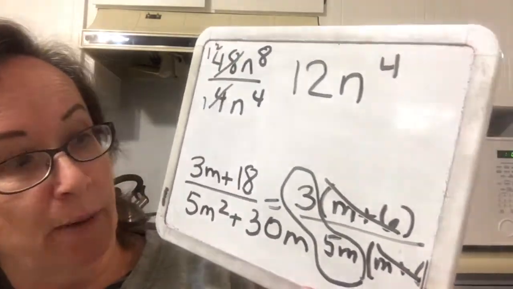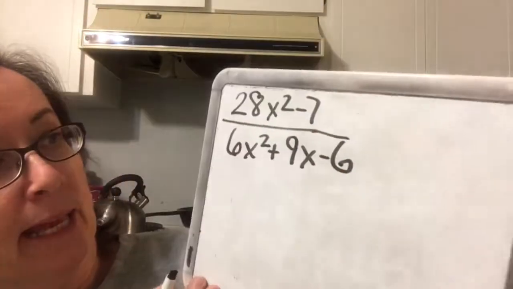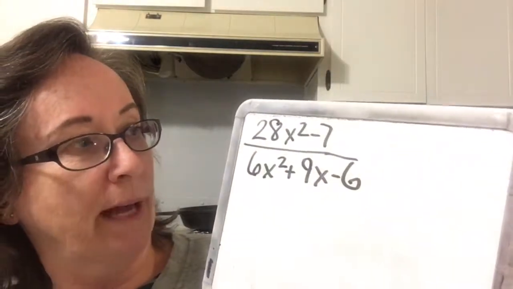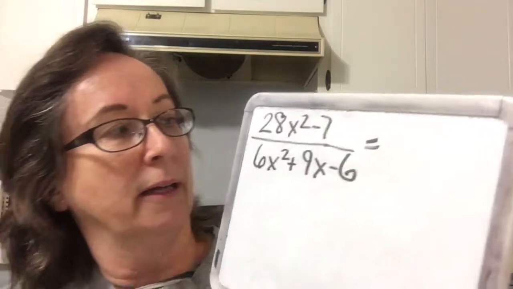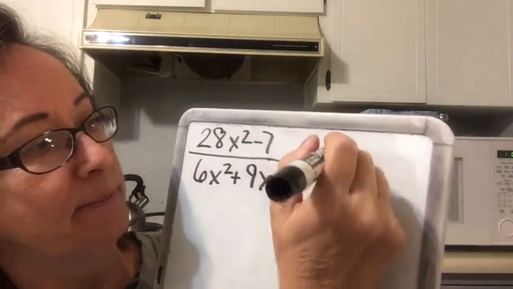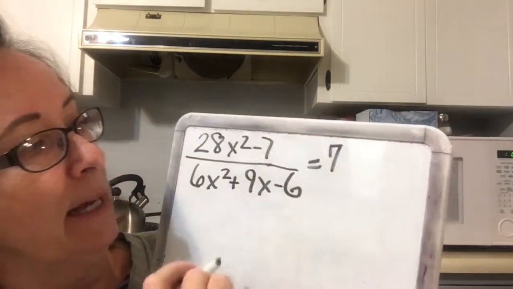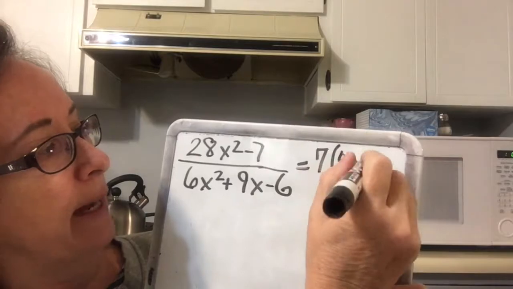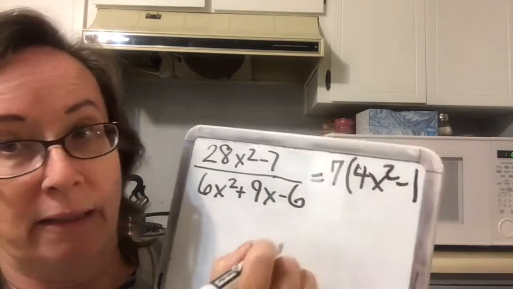Okay, so the next one that we're going to do is just a little bit more complicated. Okay, the numerator is going to factor with a 7. So I'm going to pull out a 7. And then the numerator is going to be a 4x squared minus 1.